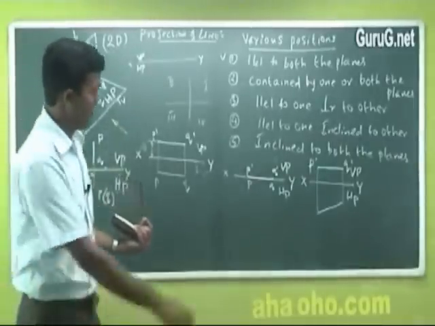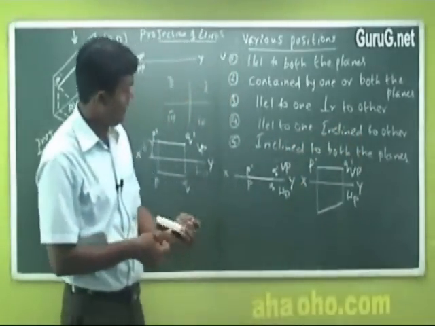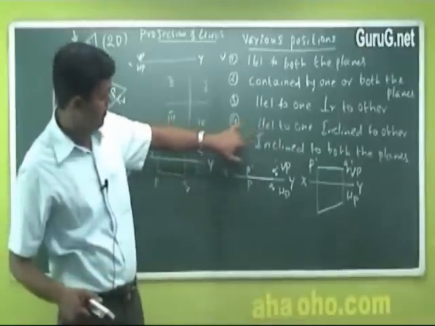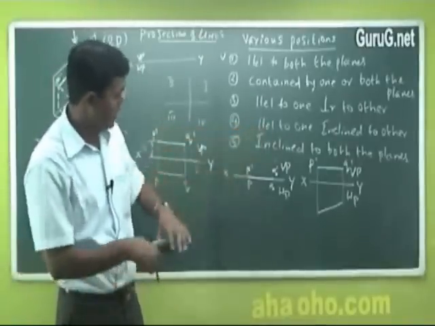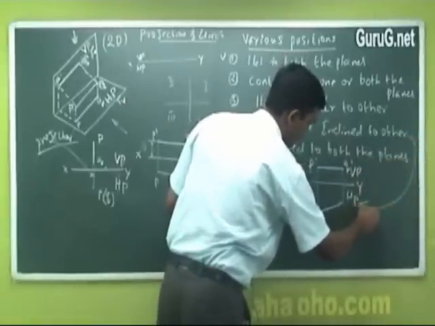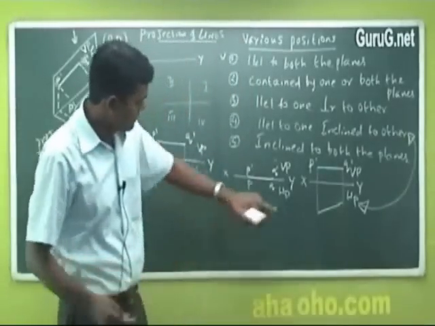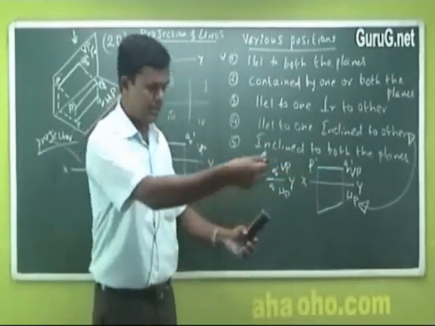Then we go for parallel to one and inclined to other. Again, when I come to this option number 4, I can say, bring it directly here. Okay? You can simply view that it's the line.